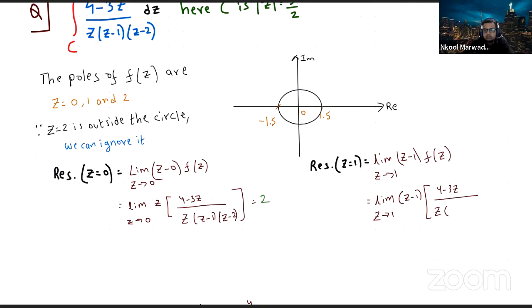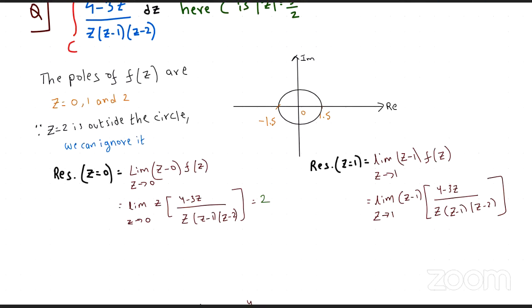Now this z minus 1 will cancel. And if I put 1, in the denominator I will be having minus 2, and in the numerator I will be having z into z minus 2.